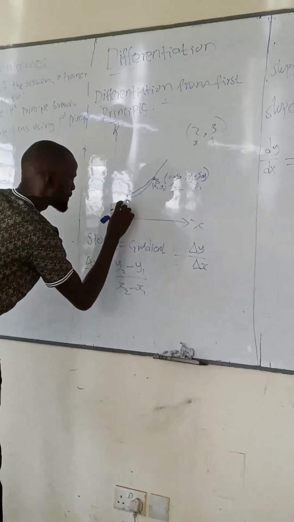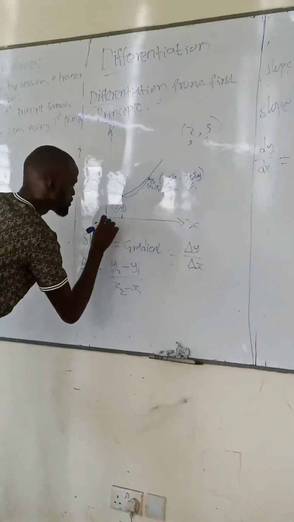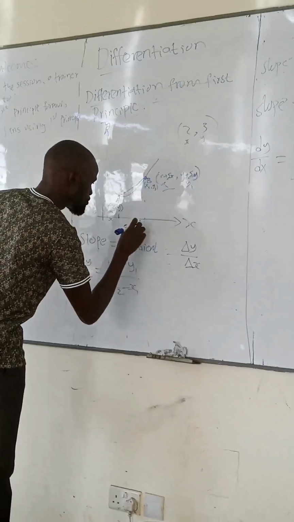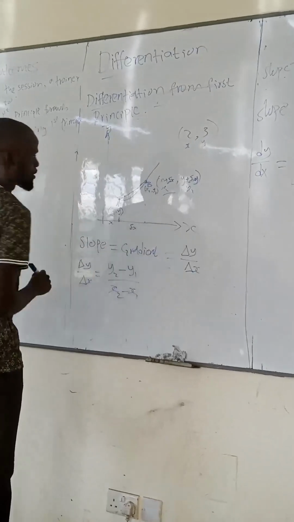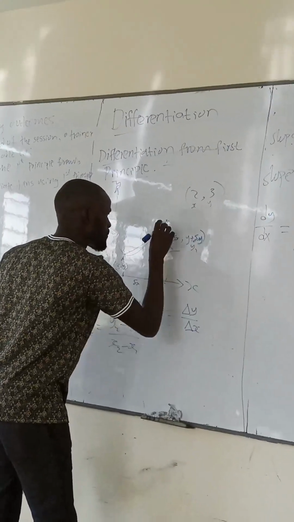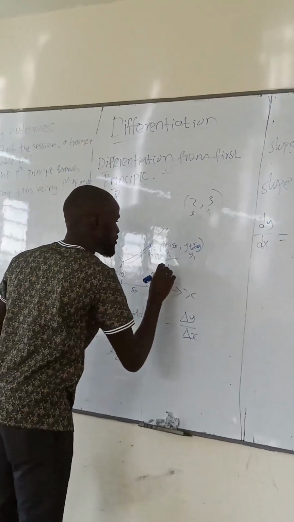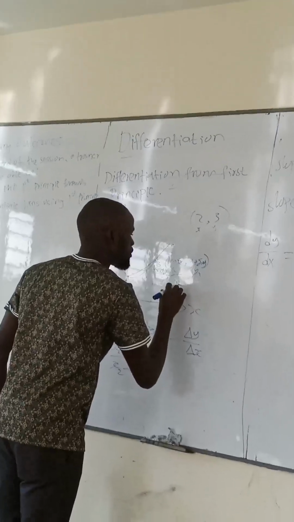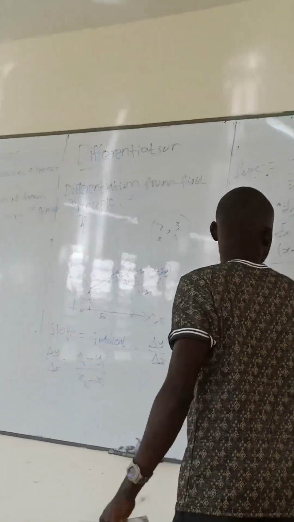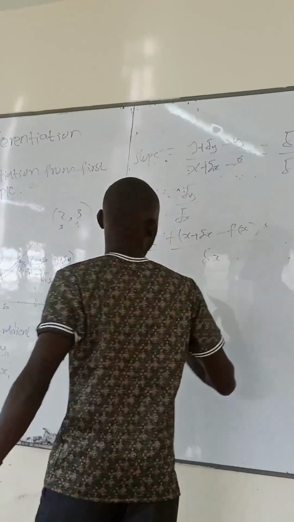From here to this point is x, and from here to this one is our small change in x. Then all of these are related from this point to this point. It's our y plus small change in y. These are small changes in x.